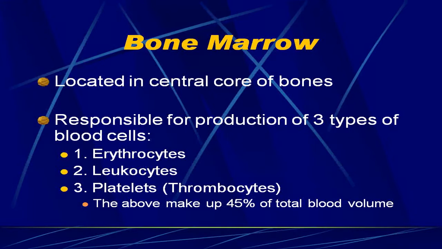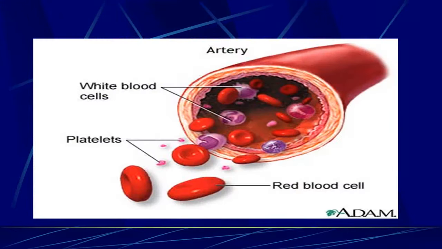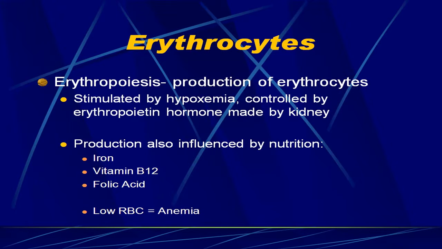I like to say a part of the body is sick, but with these types of disorders, the bone marrow is sick. The bone marrow has a job of producing our red and white blood cells and platelets, so when it is sick, it's not able to adequately produce these blood cells. This is just a picture showing you a blood cell, the bone marrow, and the blood cell components associated with it.